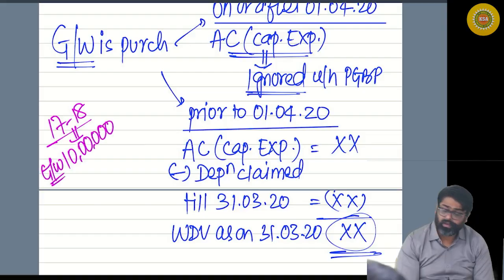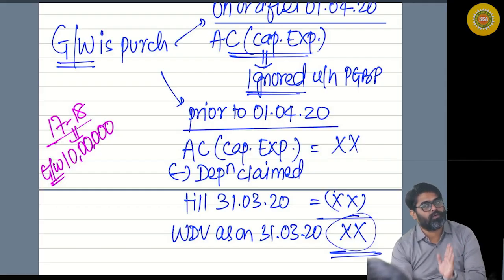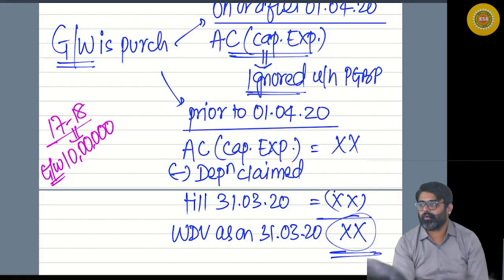Now tell me, when was the goodwill acquired? On or after 1st April 2020 or prior to 1st April 2020? Prior to 1st April 2020, the goodwill was acquired. What was the cost of the goodwill?